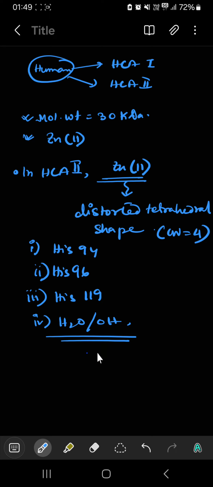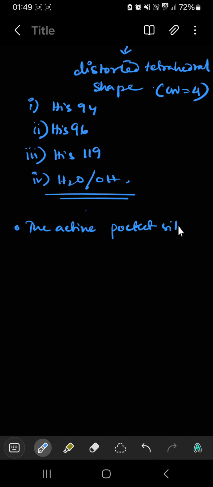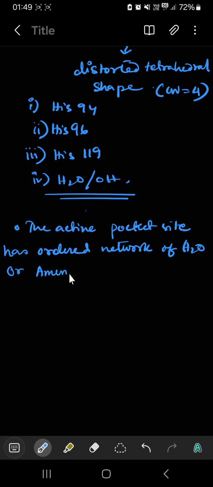Now, the active pocket site, where the CO2 will be hydrated, has an ordered network of water molecules or various amino acids, such as amino acids which are important for hydrogen bonding and proton transfer.